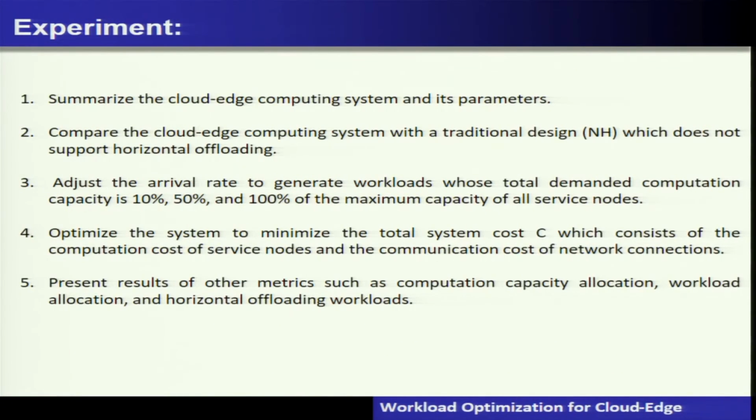So, let us see how we are going to conduct the experiments to find out these cost functions, that is, the computational and communication cost functions under this cloud edge computing model. If you want to compare different strategies, whether horizontal offloading or vertical offloading for service nodes, there is a possibility of comparing them and finding out which one is the best.